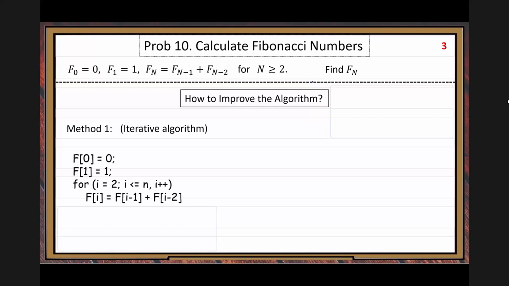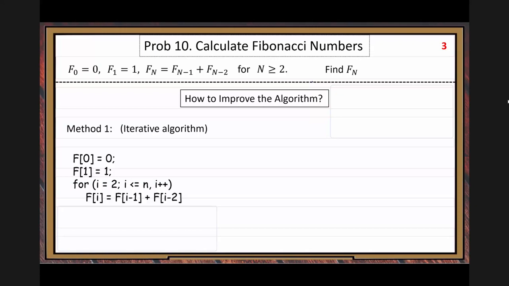How to do it? A for loop without recursion, that's simple. You create an array, the F array. You have 2 initial values, and after the 2 initial values, you calculate the F array values 1 by 1: 2, 3, and so on.